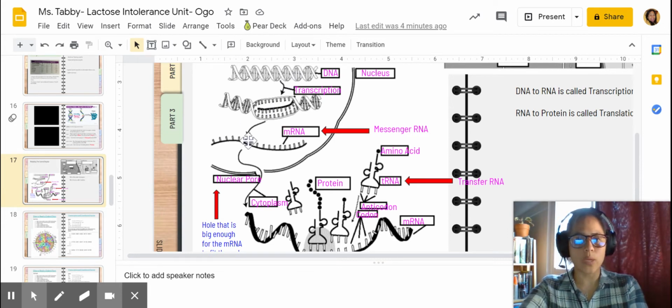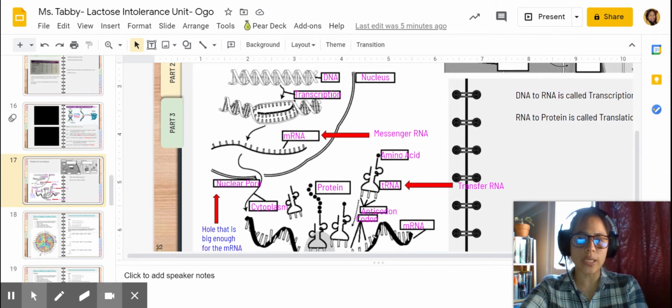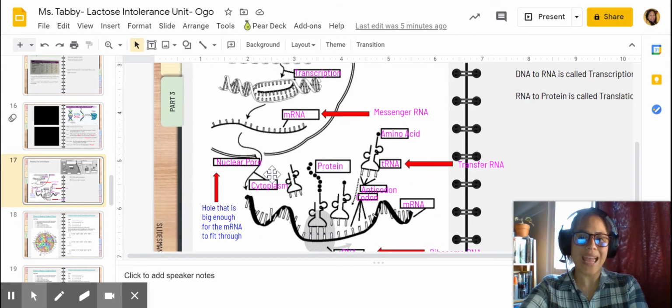And when DNA decides it's going to create more instructions for the rest of your body, it creates a piece of mRNA, the messenger RNA, and that messenger RNA leaves the nucleus through a nuclear pore and floats freely into the cytoplasm.